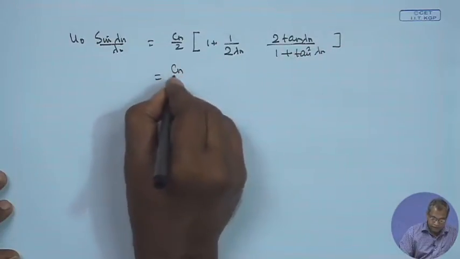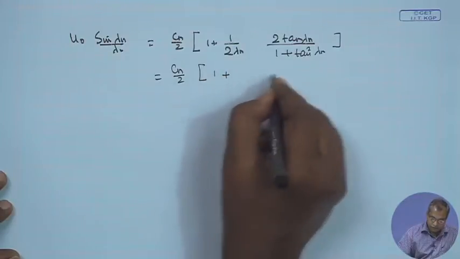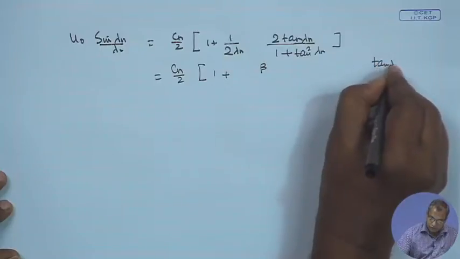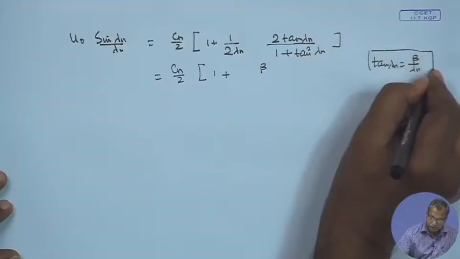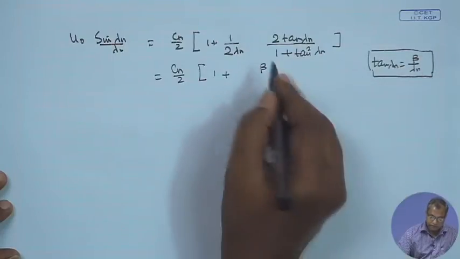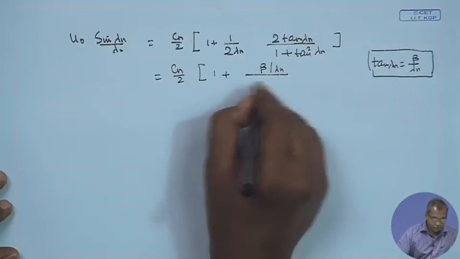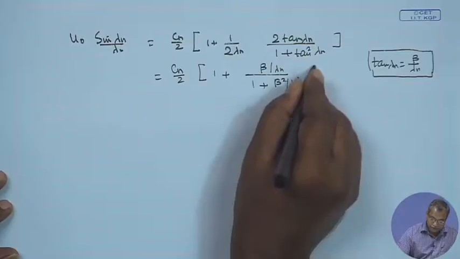So, this 2 will be cancelling out, and lambda n tan lambda n will be beta, which is the transcendental equation the eigenvalues must satisfy. So, it becomes beta by lambda n divided by 1 plus beta square by lambda n square.